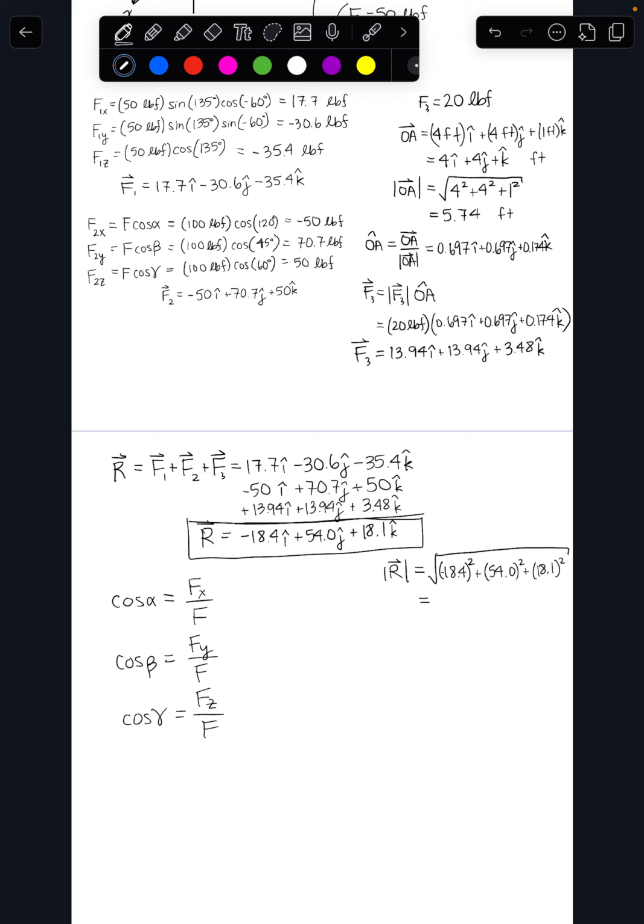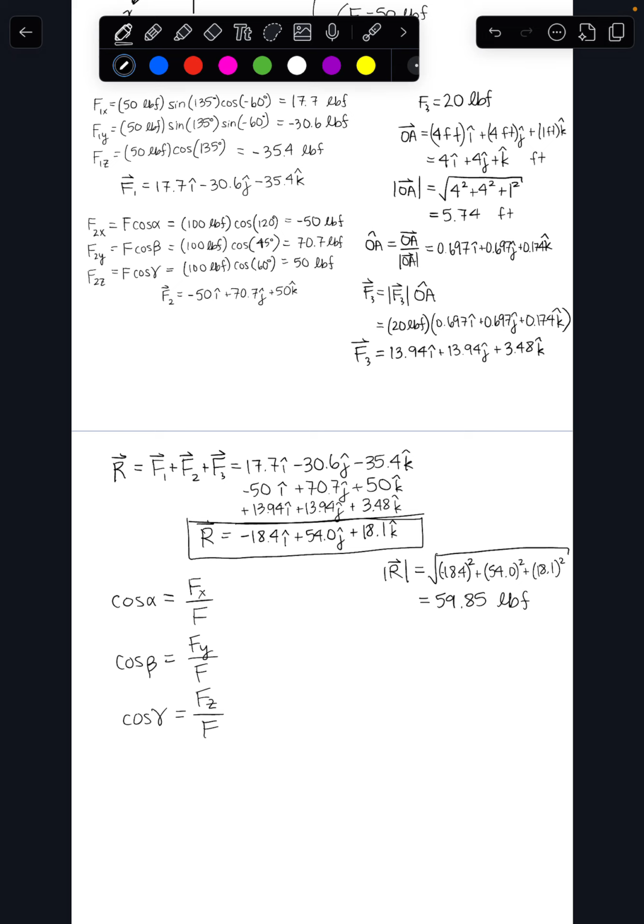Okay, let's put that in the calculator. 18.4 squared plus 54 squared plus 18.1 squared, and the square root of that, I got 59.85. So that's the magnitude of our resultant vector.